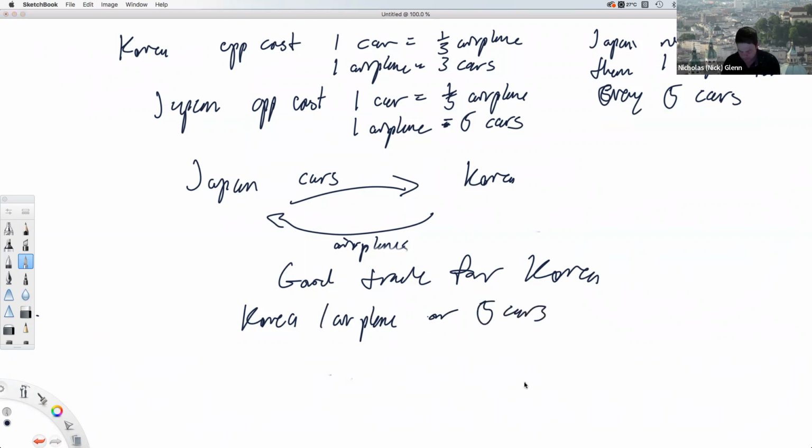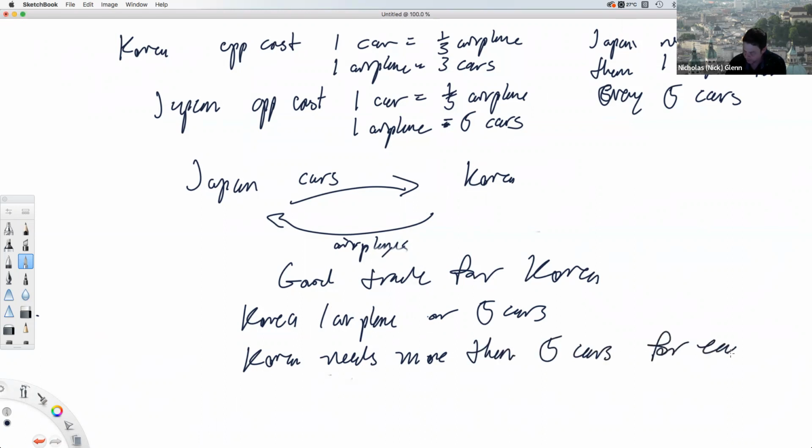So Korea needs more than 5 cars for each airplane it trades.